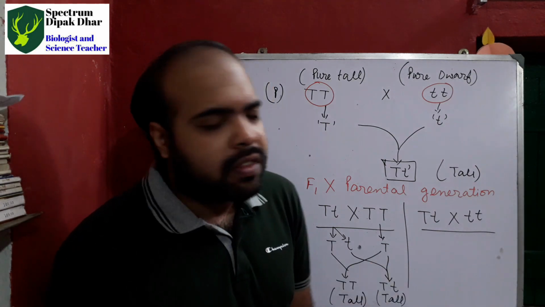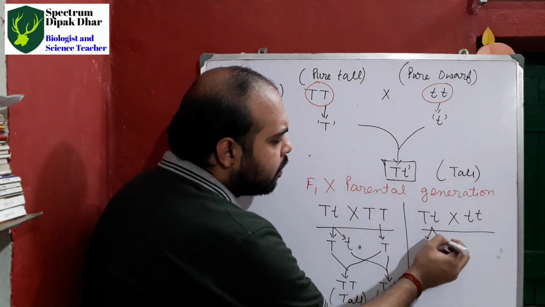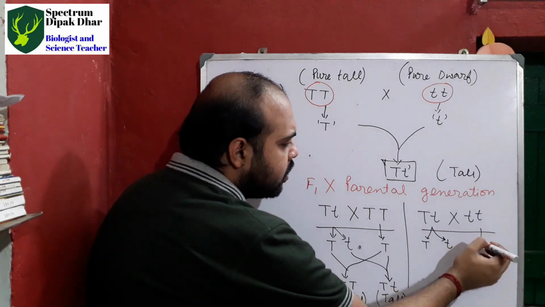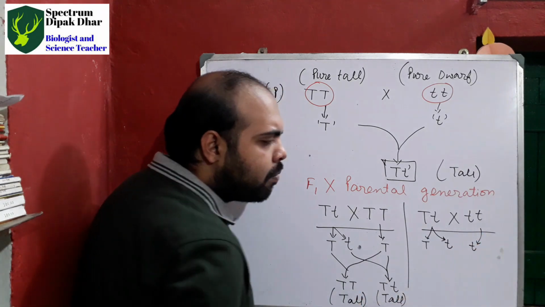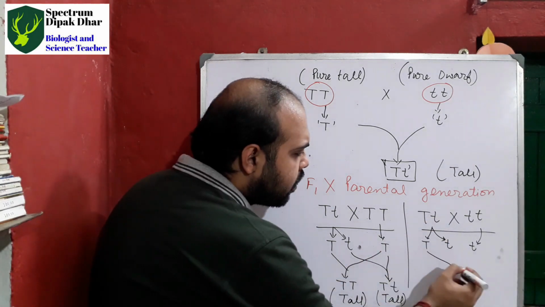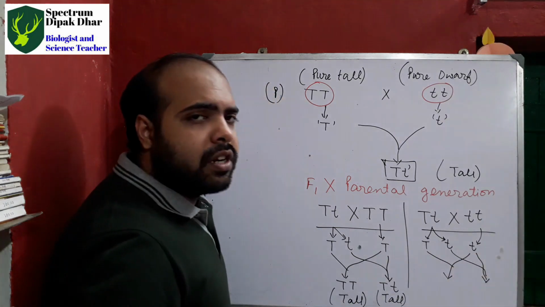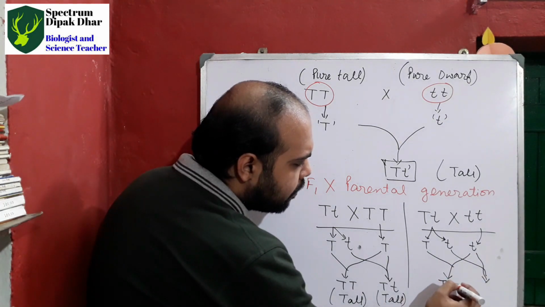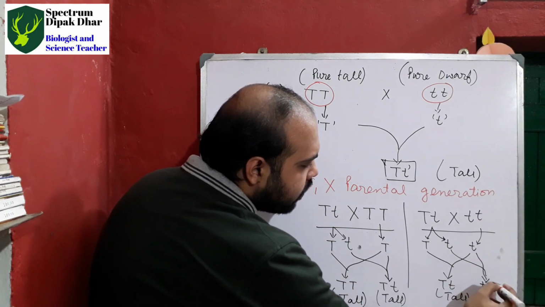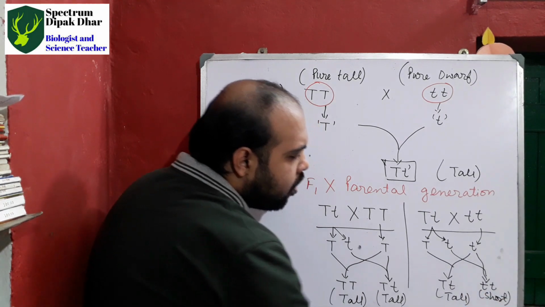What will happen in this other case? There is again generation of two types of gamete, one capital T and the second small t, and here there is only a single type of gamete, small t, as it is homozygous in nature. So after crossing, two types of offspring will be formed. The first is capital T small t, which will be tall, and the second is small t small t, which will be short or dwarf.